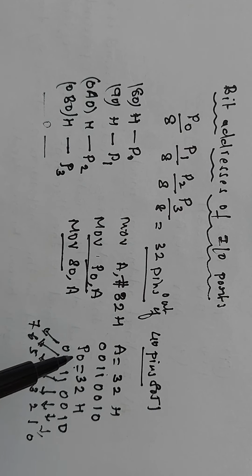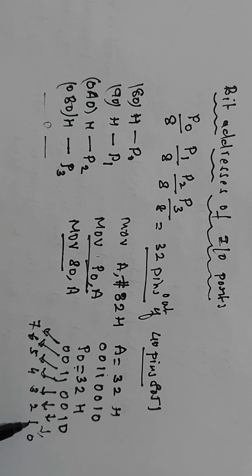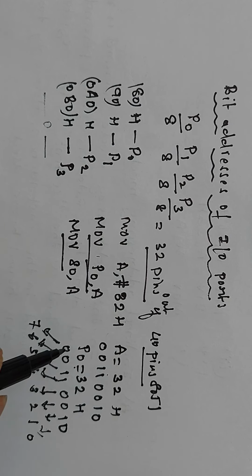So port P0 contains 32H, in which bit 0 is 0, bit 1 is 1, bit 2 is 0, bit 3 is 0, bit 4 of port P0 is 1, bit 5 is 1, bit 6 is 0, bit 7 is 0.